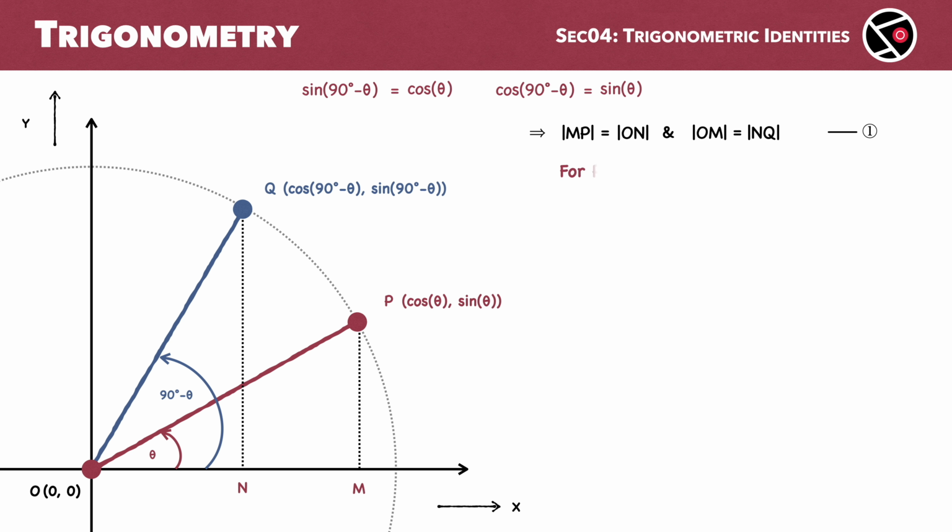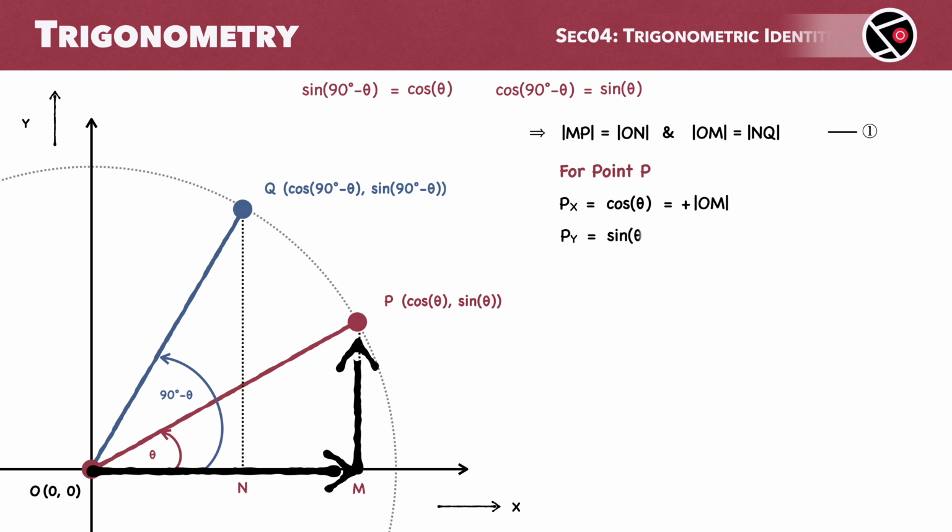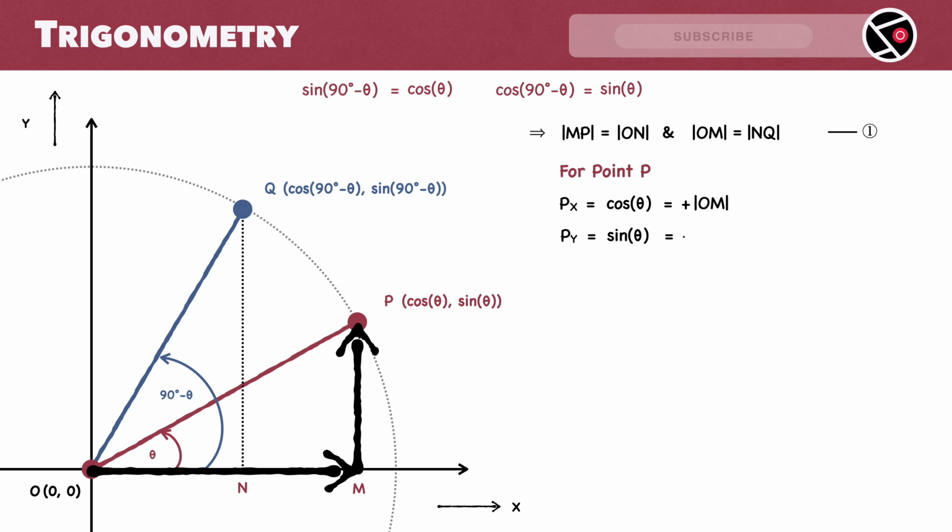Now for point P. The x-coordinate is cos theta, which is positive and equals the length of OM. The y-coordinate is sin theta, which is also positive and equals the length of MP.